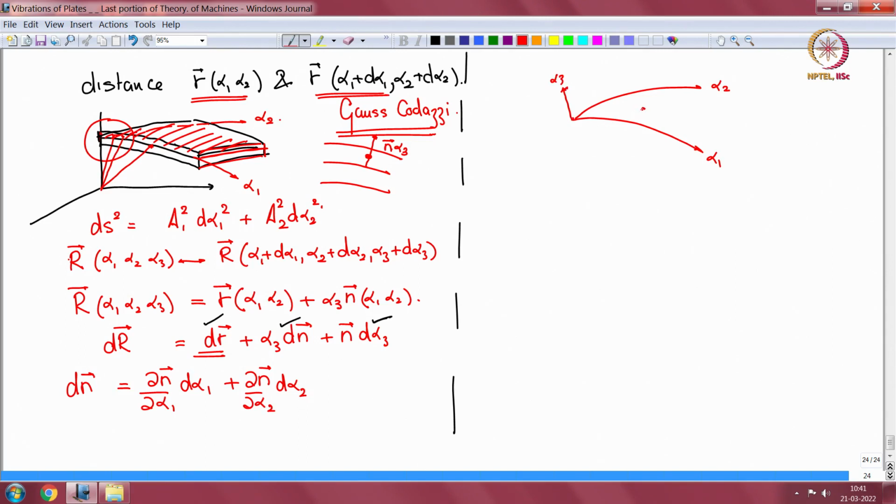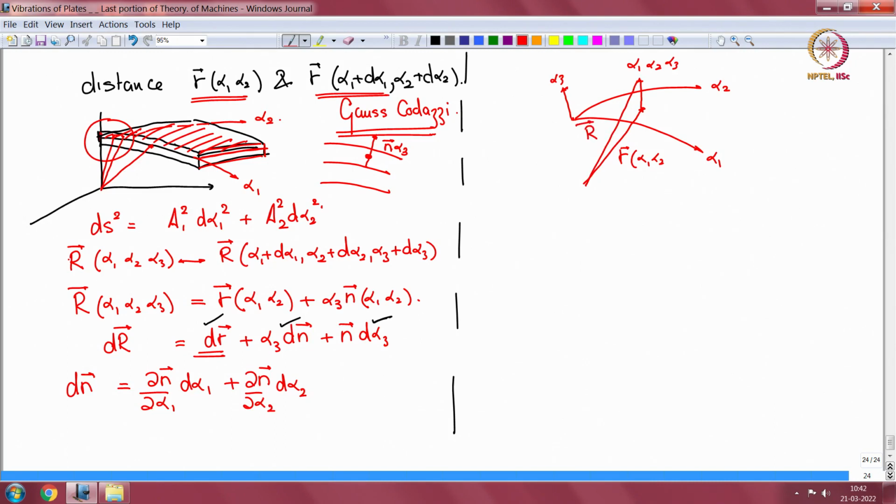So, that is small r, this is the middle surface alpha 1 alpha 2, and the local normal direction is here. Okay, so this point is alpha 1, alpha 2, alpha 3, and this is my big R.